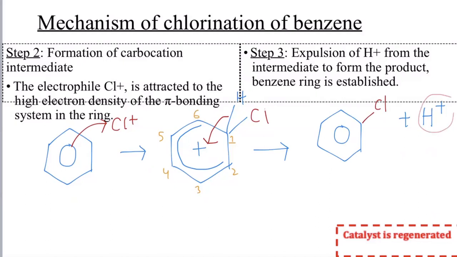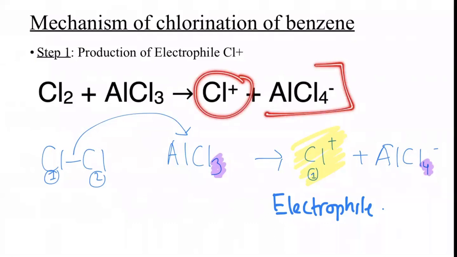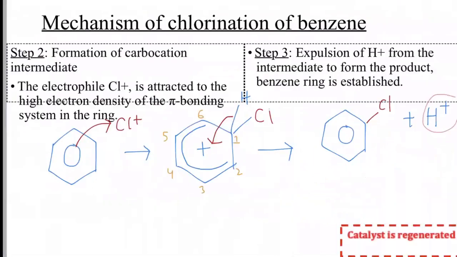Your H plus will react with, if we go back to the previous page, the production of electrophile just now: you have electrophile, which is Cl plus, and then you have AlCl4 minus. This other product, AlCl4 minus, is what we are going to use to react with the H plus. This section is called the regeneration of the catalyst.